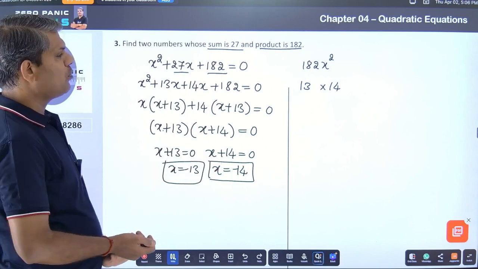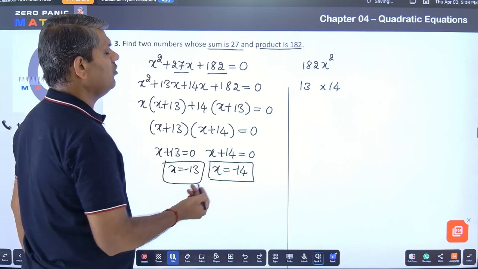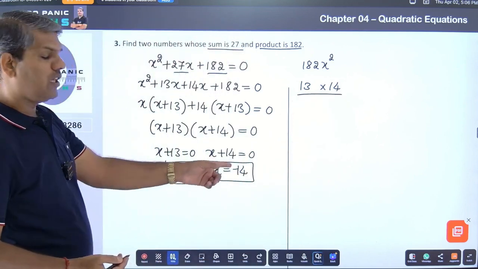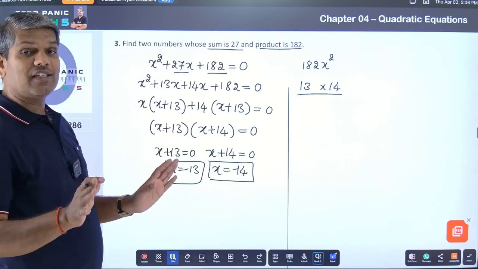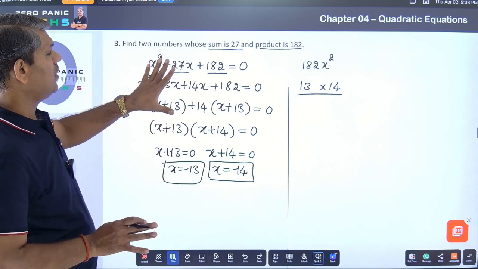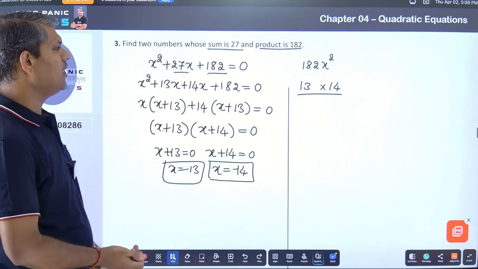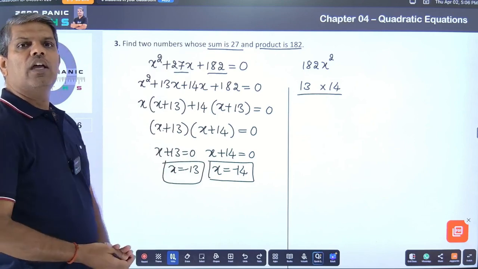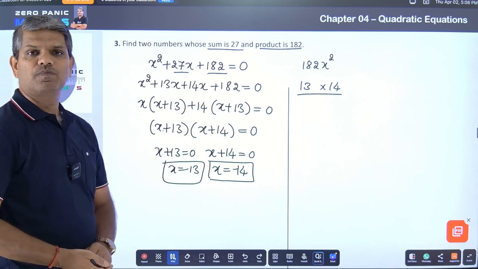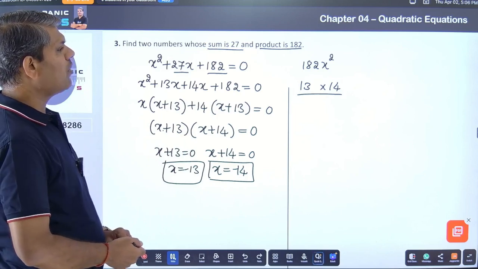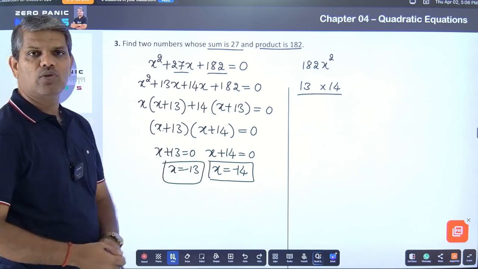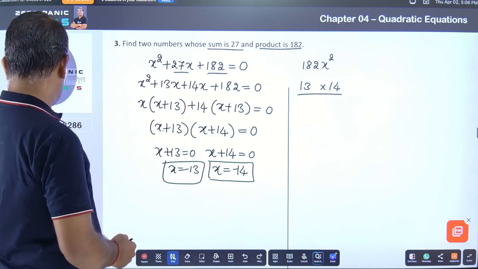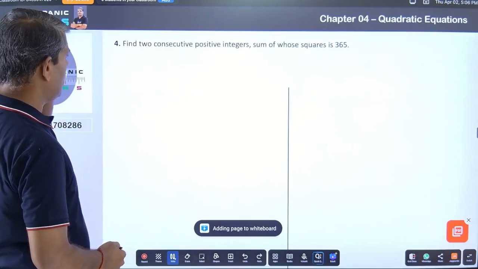So I don't know whether we should say it as 13 and 14 or minus 13 and minus 14. That is the reason I was saying this problem is a little bit confusing. So let us assume this as the solution for now. If I can find anything more about this, I will let you know in one of the sessions. Okay, now let us continue to the next problem.